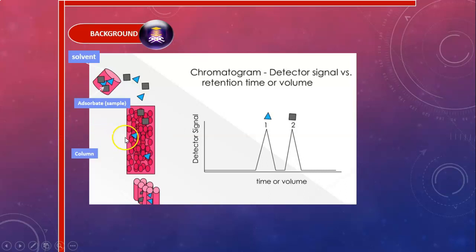And this is the column. Inside this column are silica beads. The silica beads inside the column are the stationary phase, while the mobile phase is the solvent containing the adsorbate.